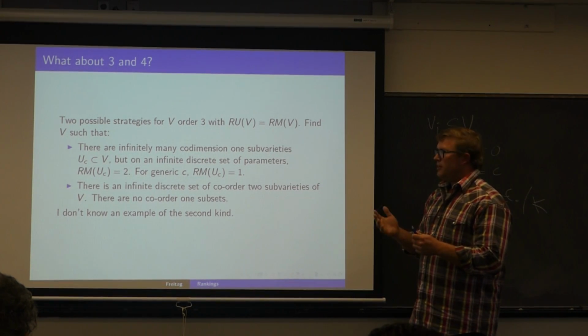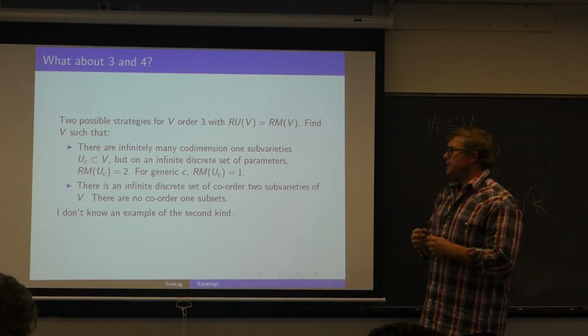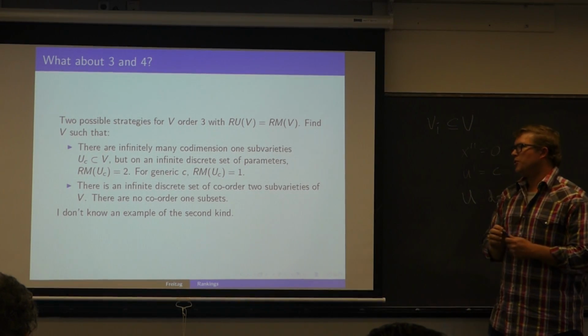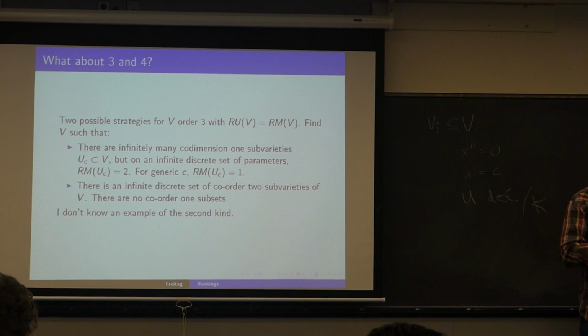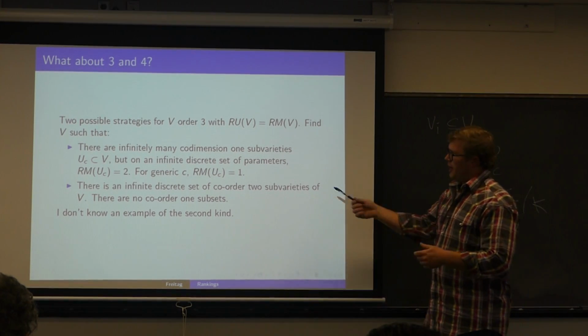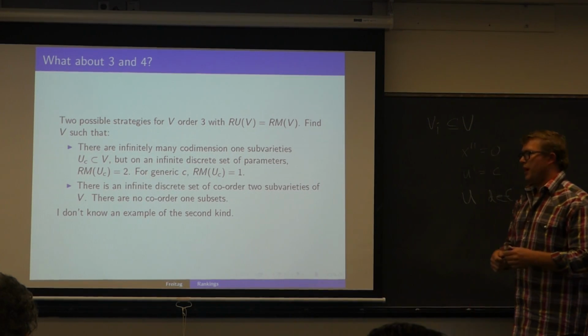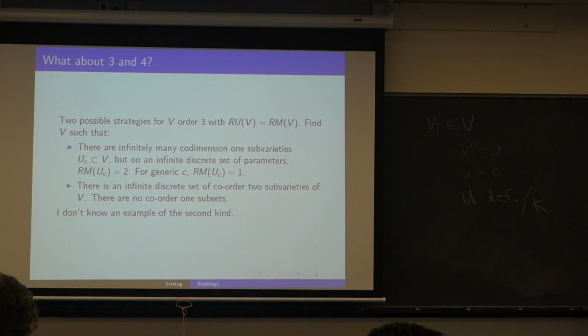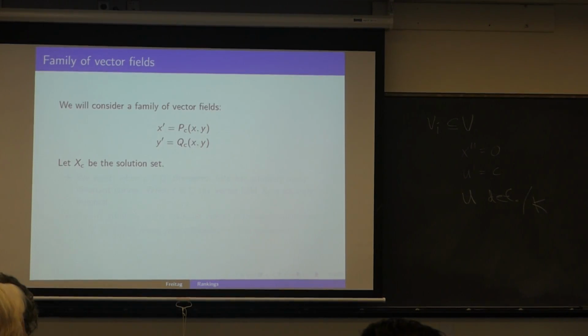But when C is in some discrete set of parameters like Z or Q, you get Morley rank 2. Then such a set would have Morley rank 3 and U rank 2. That's what we're going for. If someone wants to find an example of the second kind, that would be good too.